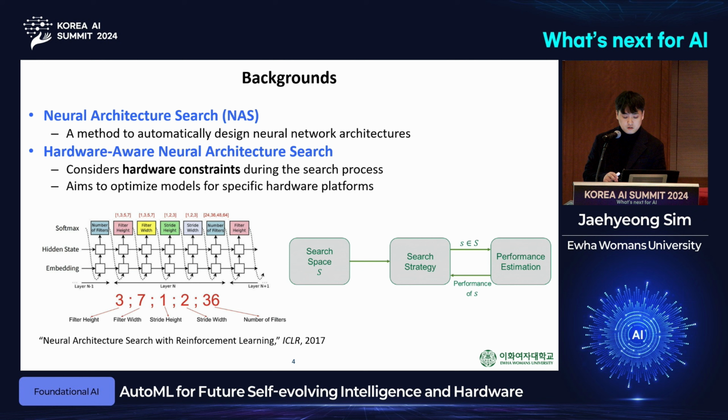Not only neural network accuracy and downstream performance, it also considers hardware constraints like latency or energy consumption in searching neural architecture, and they found optimal neural architecture that is good in both the algorithmic way and the hardware way. So it aims to optimize models for specific hardware platforms.